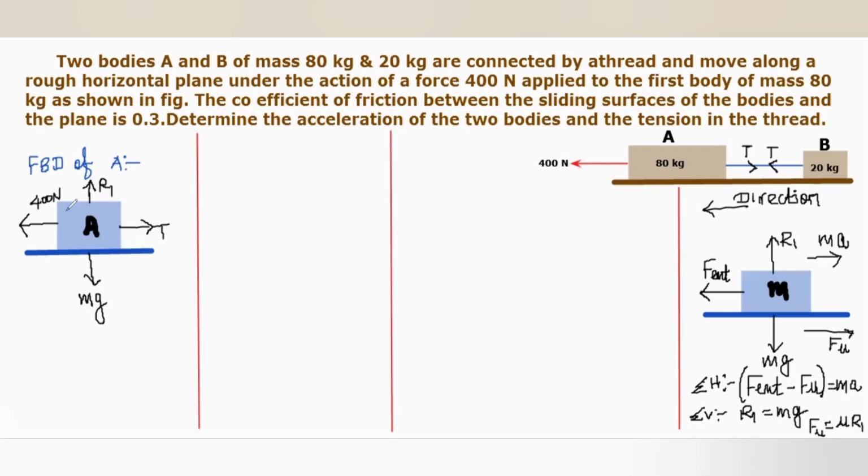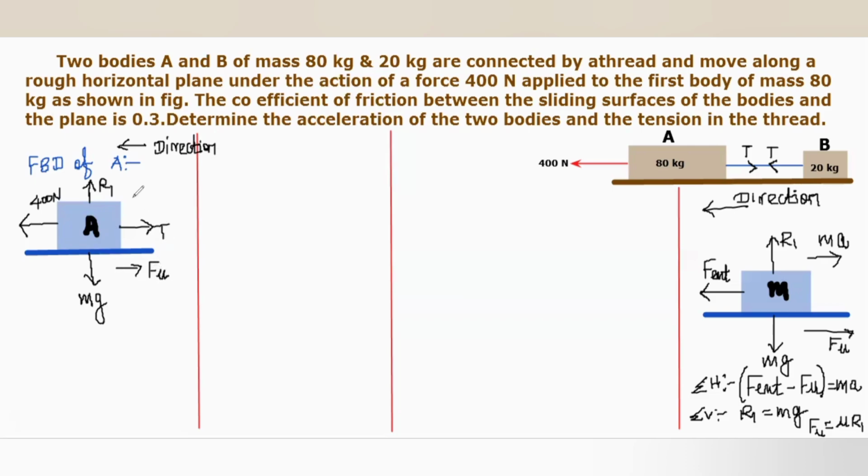When the object is moving towards the left side on a rough horizontal surface, the frictional force will act opposite to the direction of motion. For both the bodies, this is the direction of motion. So the frictional force F mu will act opposite.